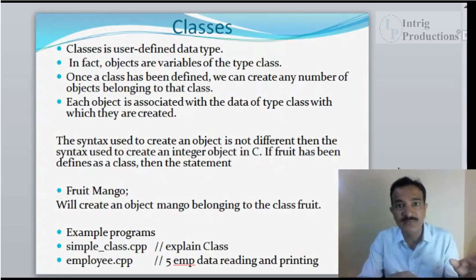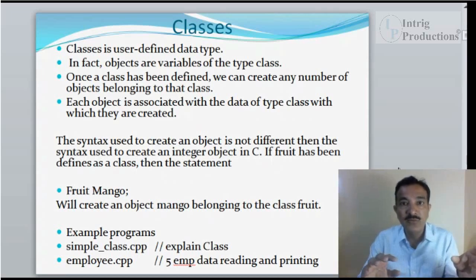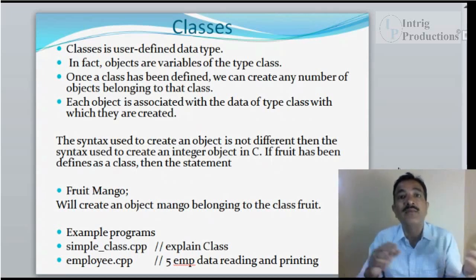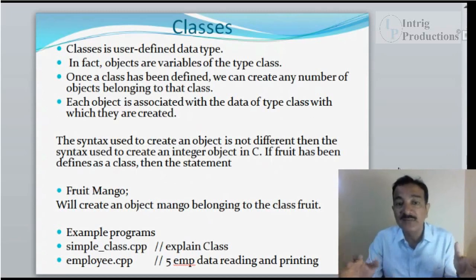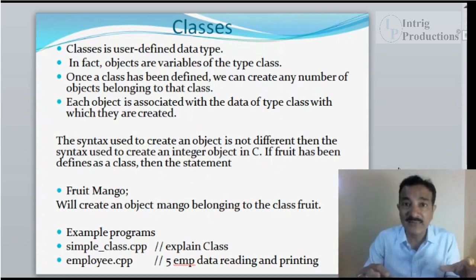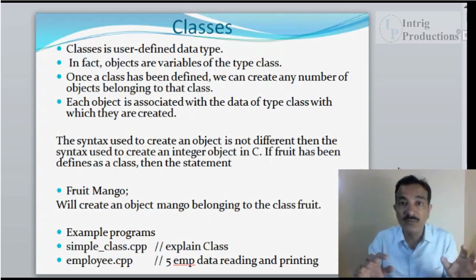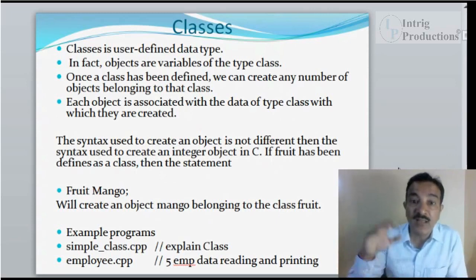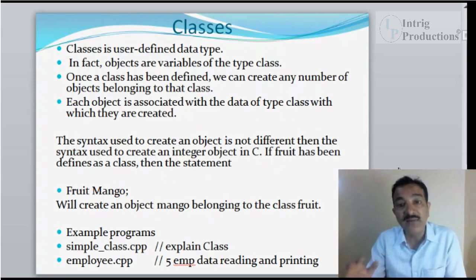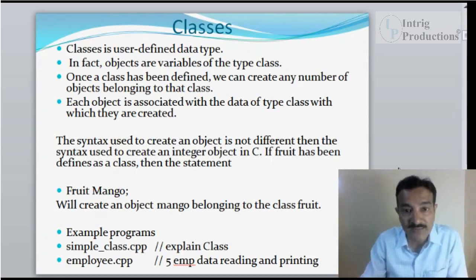Like you have an integer, you can make any number of integers: you can have i, j, k, or a salary. Similarly, once you have a class of type fruit, or a class of type employee, you can have any number of employees. That is, you can create any number of objects. So once a class has been defined, we can create any number of objects belonging to that class.